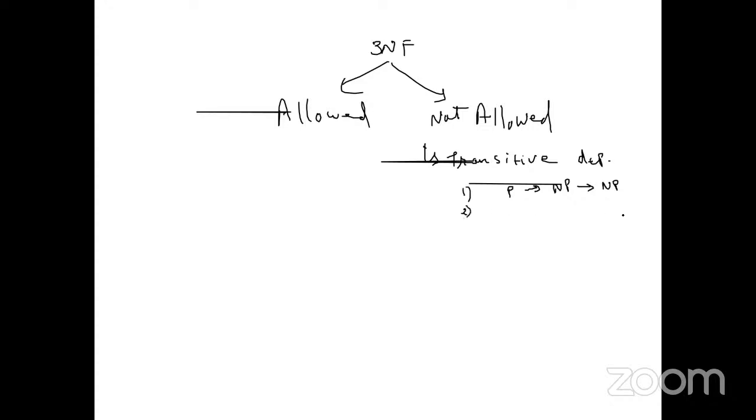The second case is, let's say, a non-prime depends on prime, and that prime depends on prime. So what we are talking about in third NF is that what is not allowed is transitive dependency due to non-prime. This is the category where transitive dependency is created due to non-prime.